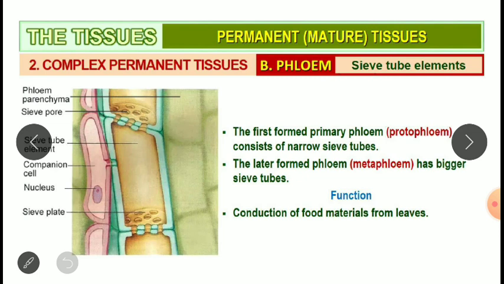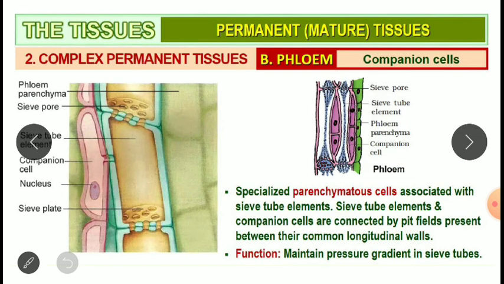Then coming to the sieve tube elements, next point. Here we can see the companion cells is going to be the next one. These companion cells are specialized parenchymatous cells associated with the sieve tube elements.